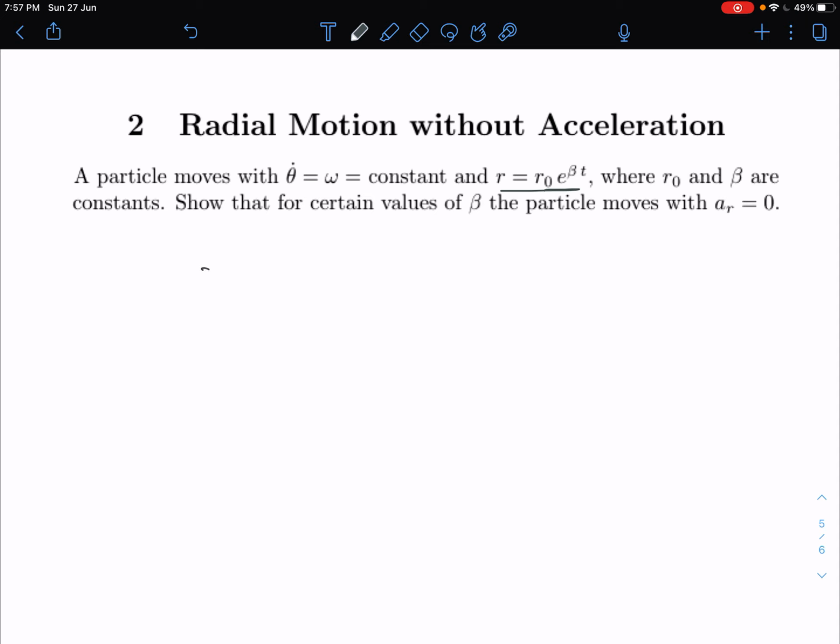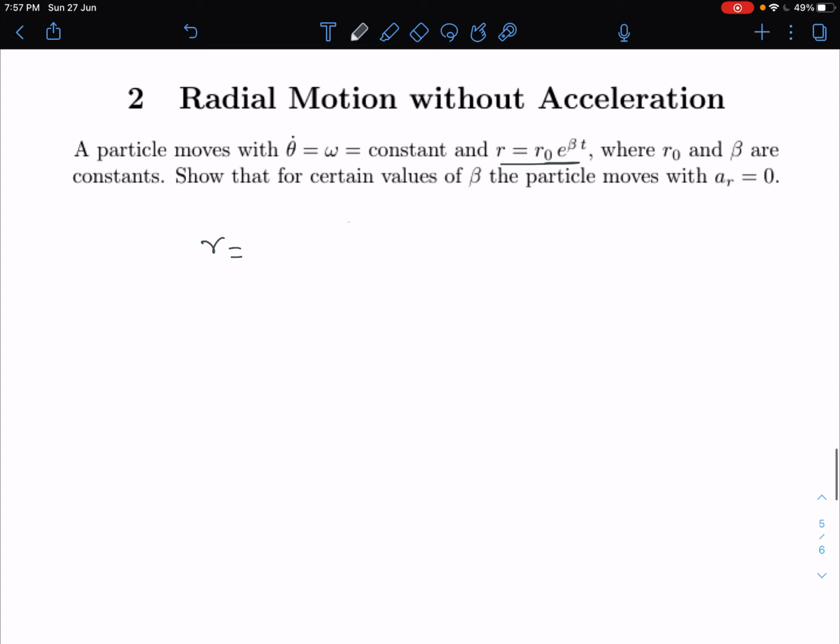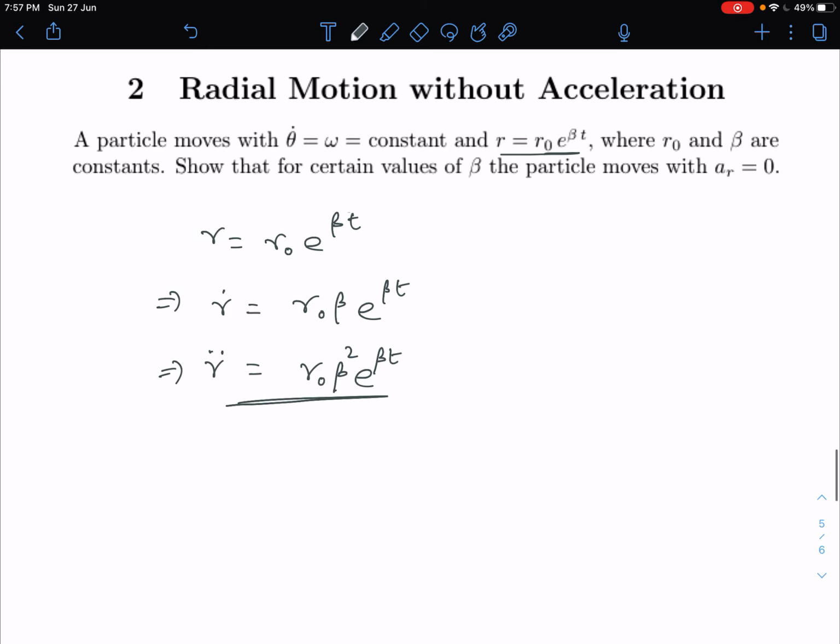Since r is r naught e to the power beta t, what is r dot? r dot is r naught beta e to the power beta t. What is r double dot? r double dot is r naught beta square e to the power beta t, right? So it has some part, but it has been given that for certain values of beta, the particle moves with ar equals 0.